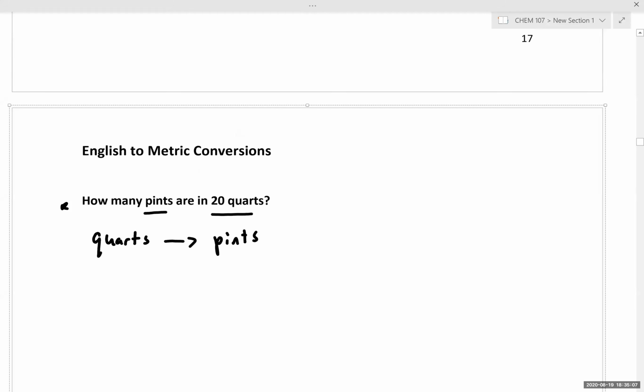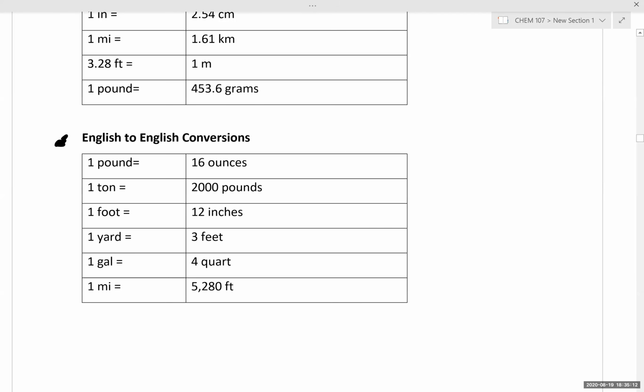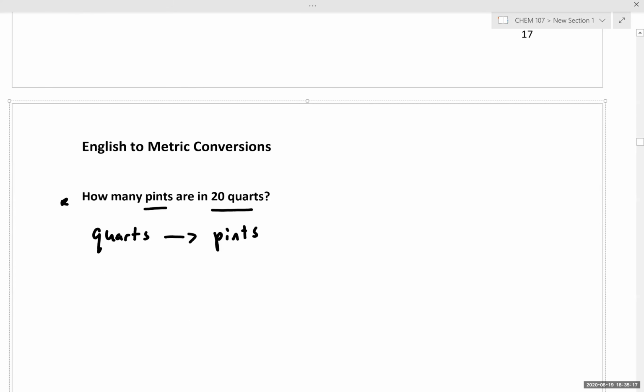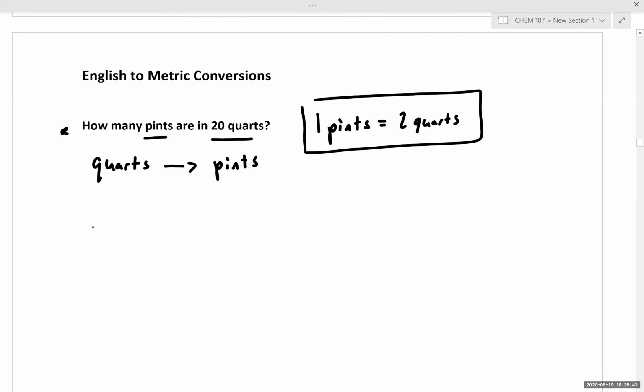Now, if we go to our English to metric or English to English conversions, we know, and this one's not in the table, so I'll provide it to you, we know that 1 pint is equal to 2 quarts. So just like before, now that we have our equality, we can use our equality to generate a conversion factor.